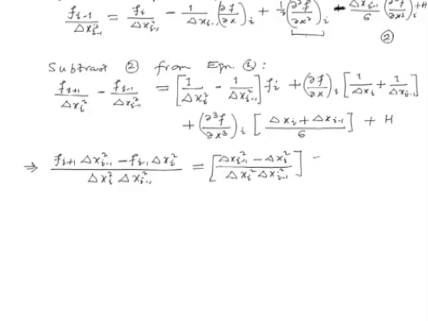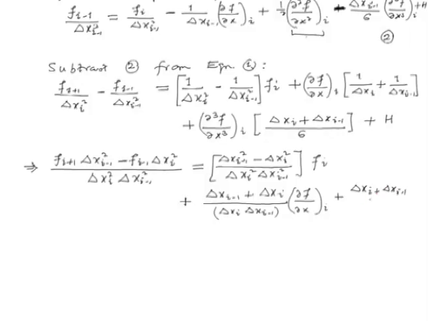This becomes our multiplier for f_i, plus delta x_{i-1} plus delta x_i divided by delta x_{i-1} into del f over del x at i, plus delta x_i plus delta x_{i-1} divided by 6.